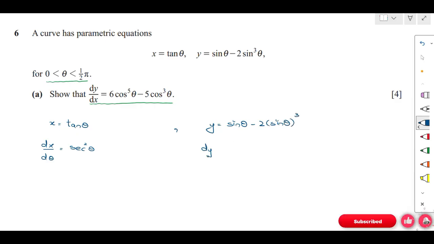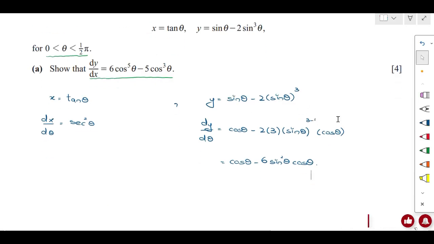So the derivative of y with respect to theta: the derivative of sine theta is cos theta, minus 2. Applying the power rule, power is 3. The base function is sine theta. We do its power minus 1. Derivative of sine theta is cos theta. So this is cos theta minus 6 sine square theta into cos theta.